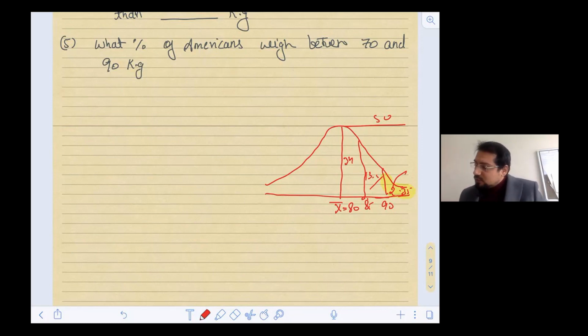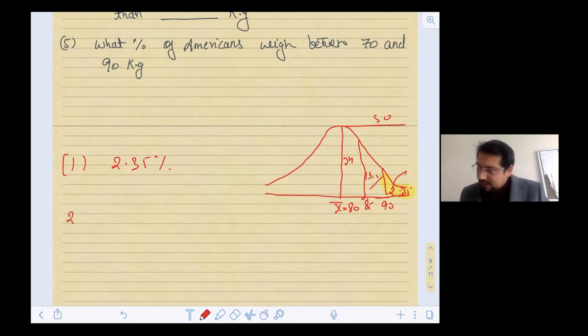Okay, so our answer is 2.35% of people whose weight is more than 90 kg.